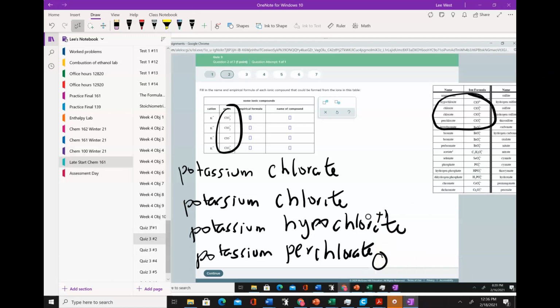Okay, so we got that done, and now we just need to do the formulas. So the nice thing about this is that everything is 1-to-1 as far as the charges are concerned, because they're equal and opposite charges. So I'm not going to have to worry about doing any fancy crossover stuff.